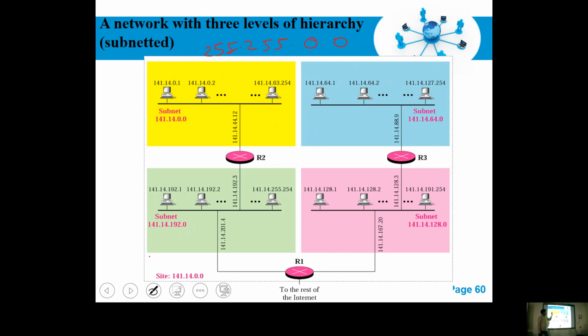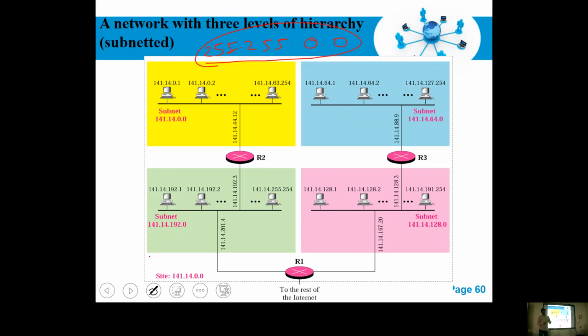If I consider this one, I won't get this address, but I will be getting that address. Even if I consider anything here, I will get this, not that starting address. Why are we getting that? Because it is divided into 4 groups. So I cannot use the default mask of class B now. I need to consider the one I have to use when I go with this subnet.